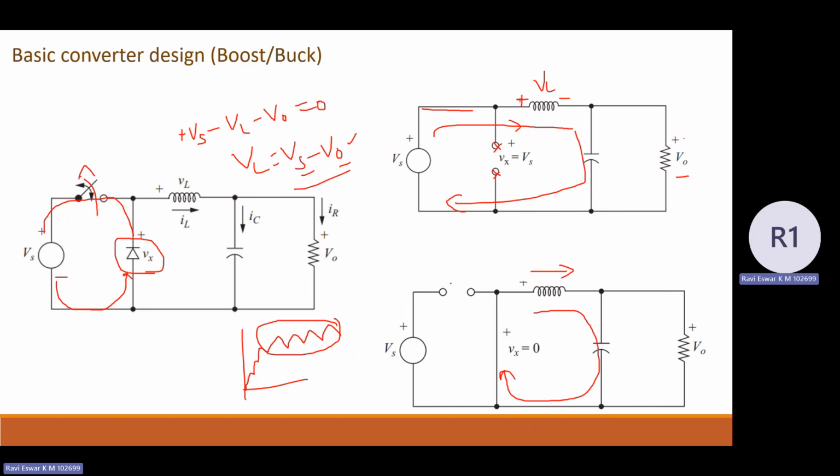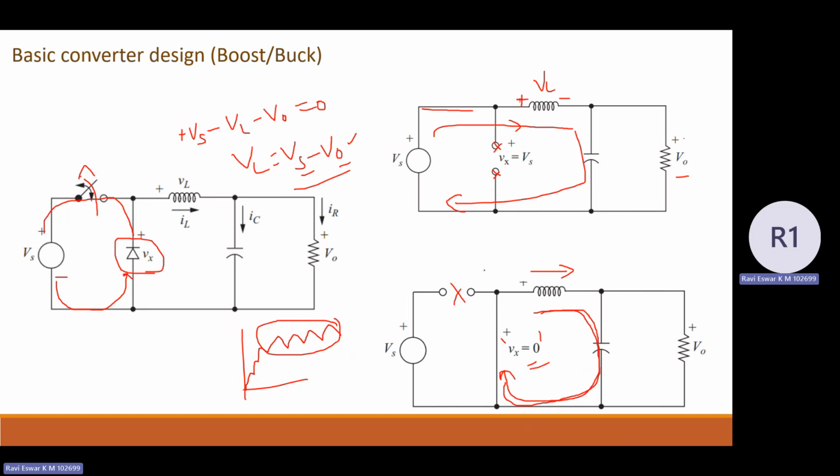Whereas when I turn off the switch, the diode comes in forward bias with the discharging current of the inductor, because there is no other go. So the discharging current of the inductor makes the diode be in the on state. That time, ideally, I can say the voltage across the diode can be taken as 0.